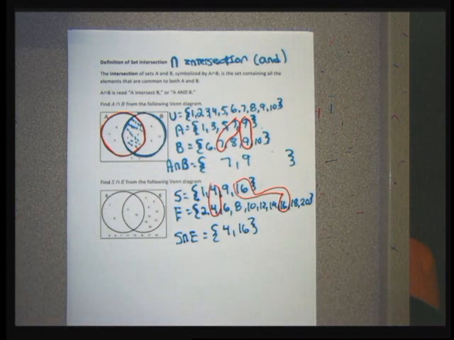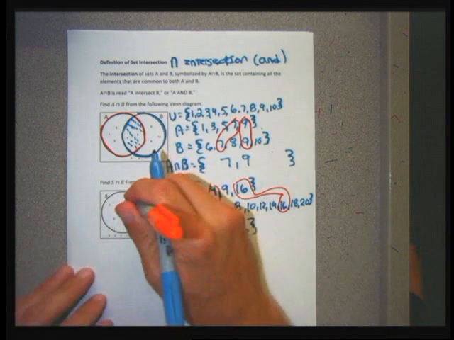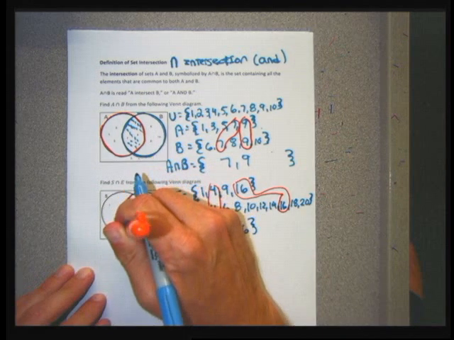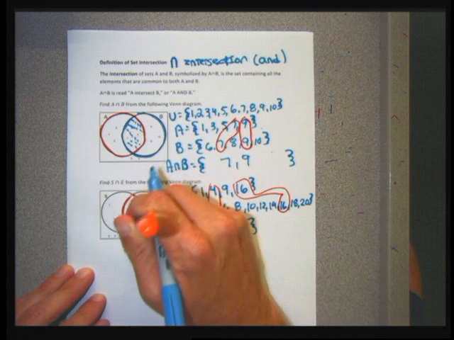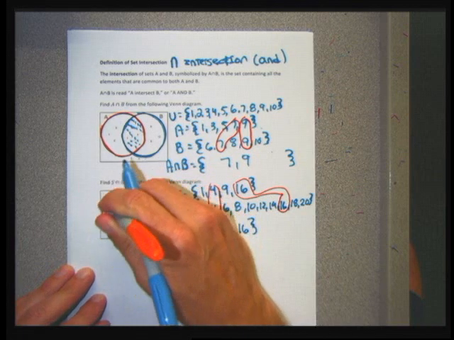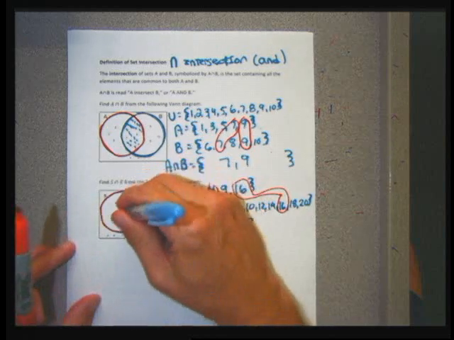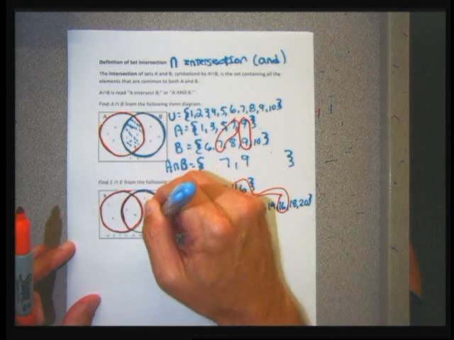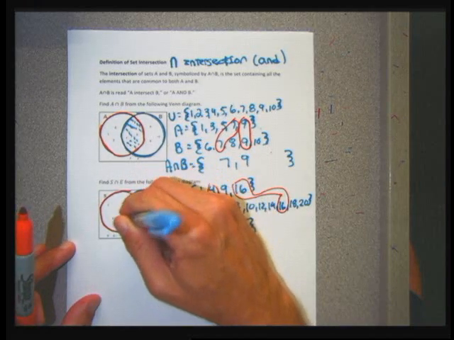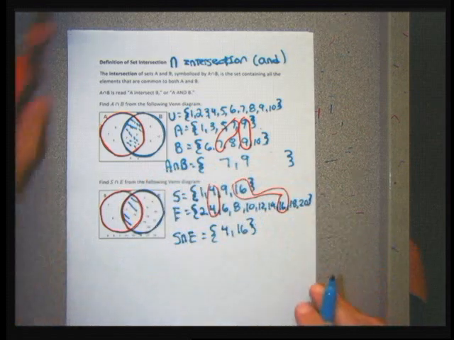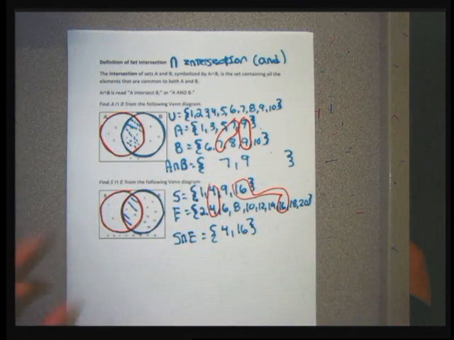Pictorially, the intersection is the same region. Even though I have different names for my sets, the intersection region is going to be this middle section right here. It's part of the S circle, and it's part of the E circle. And the numbers in the middle there, 4 and 16, are the elements that make up S intersection E.